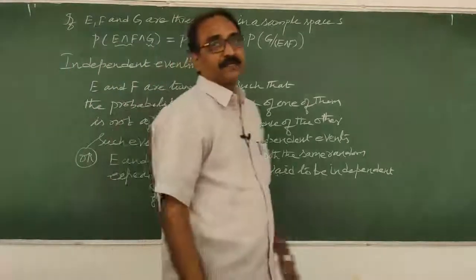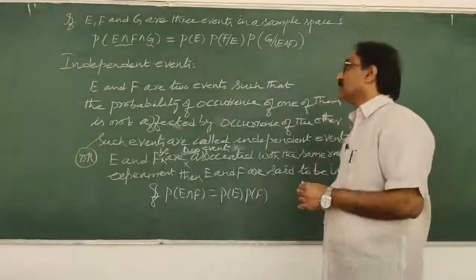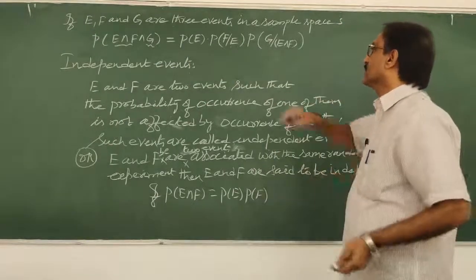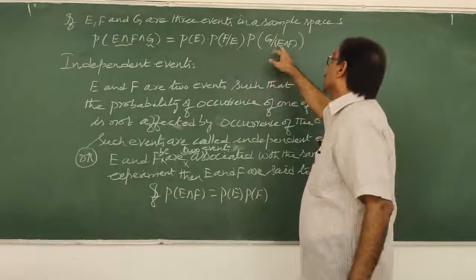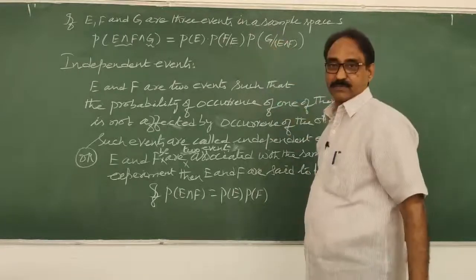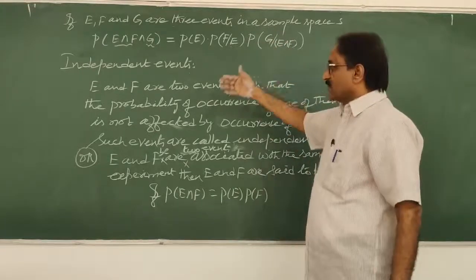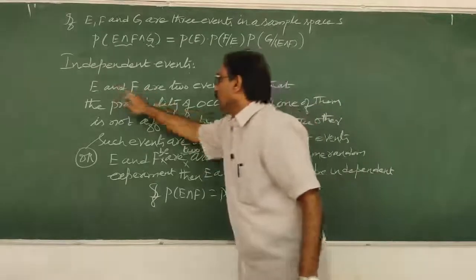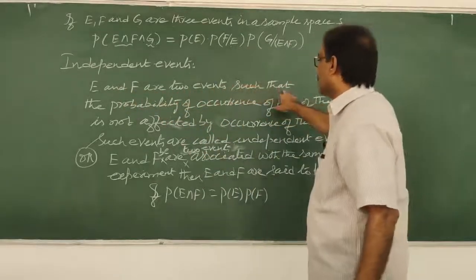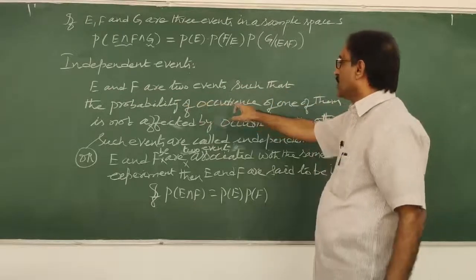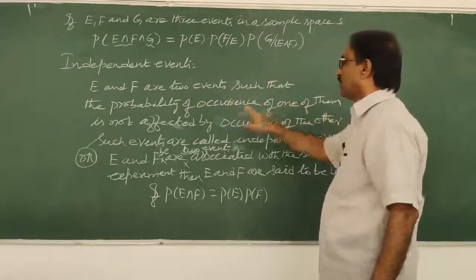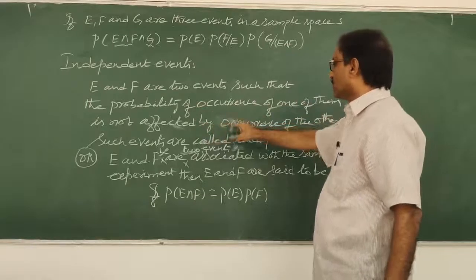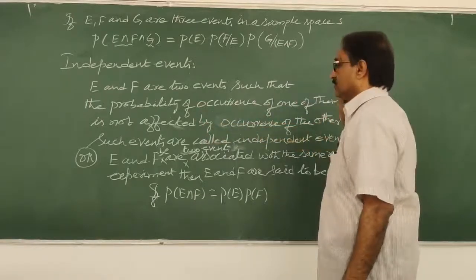My dear students, in the multiplication theorem, we wrote F given E. The same when it comes to independent events: E and F are two events such that the probability of occurrence of one of them is not affected by the occurrence of the other.